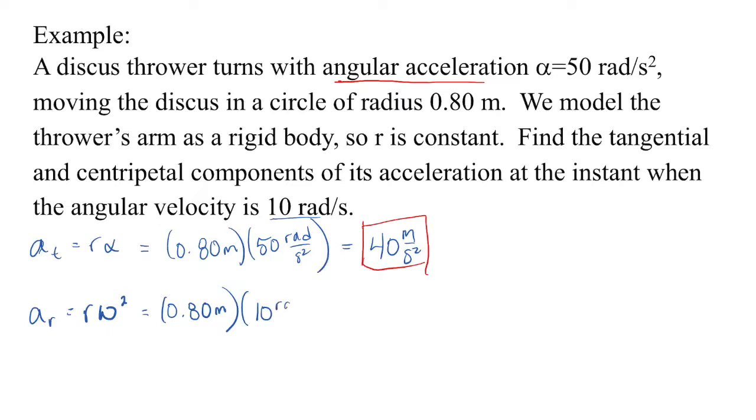And then of course our rotational velocity is 10 radians per second, which of course is a total of 80 meters per second squared. Okay, so they're not always the same. Actually, they're pretty much never the same. So there you go. That's how we're going to calculate those things.